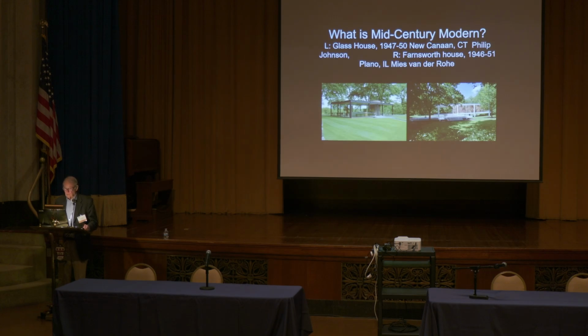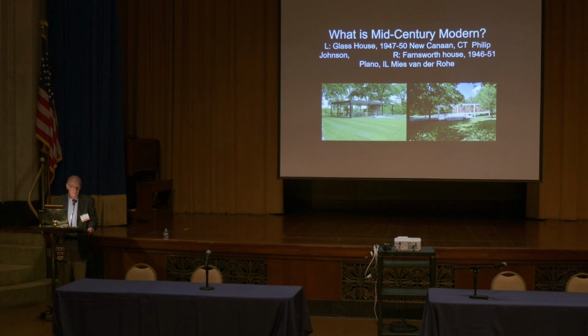Now, one of the issues is, of course, what is mid-century modern, as I just mentioned a minute ago. And I would argue that these two here, is there anybody here who has not been to one of these houses? Okay.